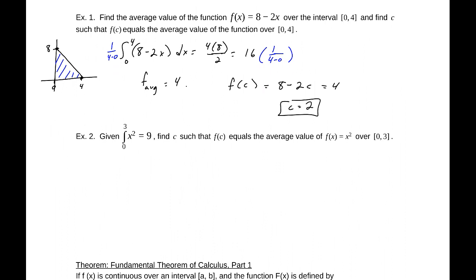All right, example 2. Given the integral from 0 to 3 of x squared dx equals 9, find c so that f of c equals the average value of f of x equals x squared over 0 to 3.